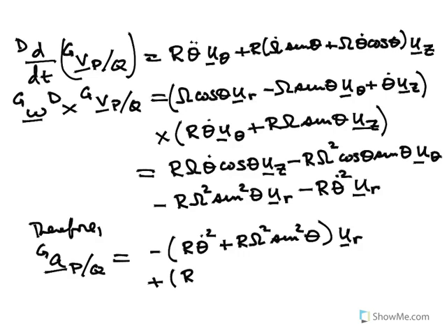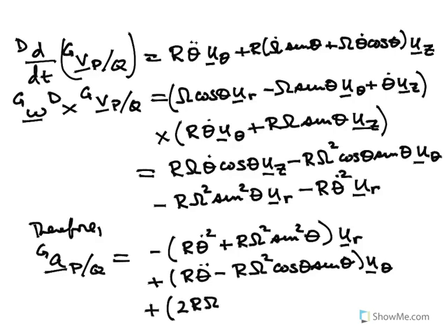So I got plus r theta double dot minus r omega squared cosine theta times the sine of theta times u sub theta. And then I've got plus the uz terms. I've got r omega theta dot cosine theta and another r omega theta dot cosine theta. So I've got 2r omega theta dot cosine theta, and then I've got plus r omega dot sine theta times uz. So that's the second part of the acceleration.